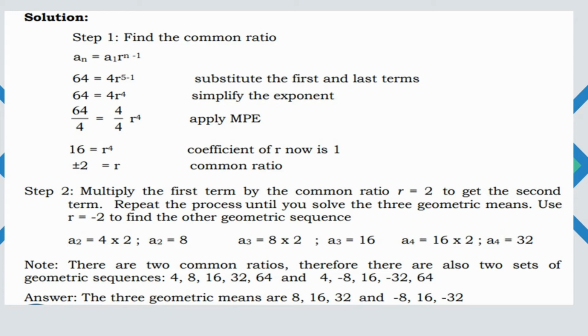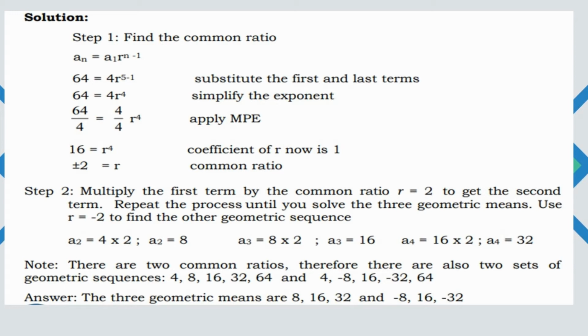So 5 minus 1 is equal to 4. And then we're going to divide both sides by 4. So 64 divided by 4 is 16. 4 divided by 4 is 1. R to the 4th power. So 16 is equal to R to the 4th power. And then we're going to use the 4th root. So the 4th root of 16 is a positive and a negative 2.